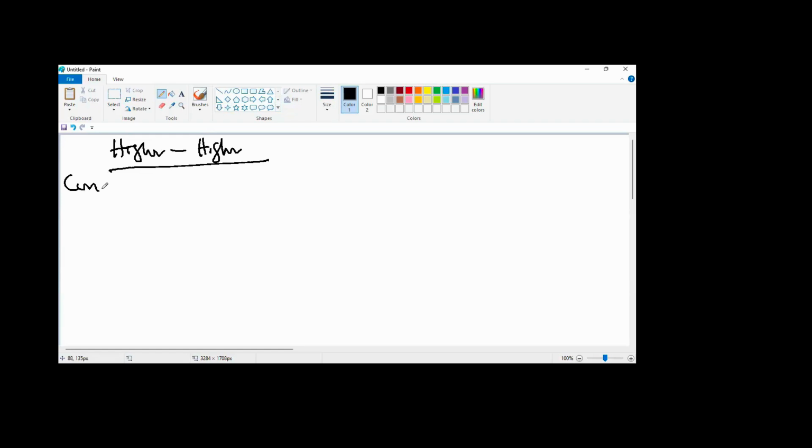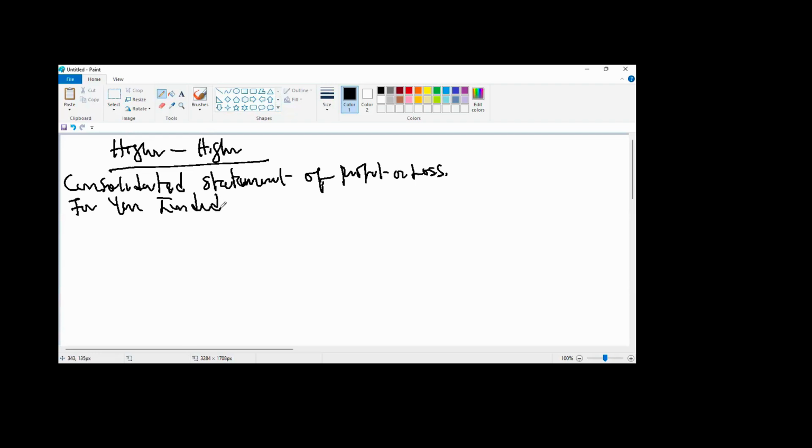Say consolidated statements of profit or loss for the year ended 30th September 2017.